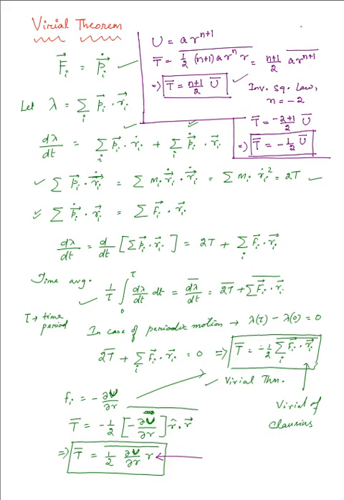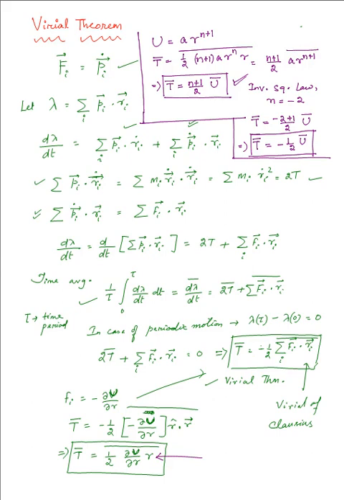And the equation that will help us is the one that I have ticked just now, the right hand side top corner, the boxed term, where we have T bar equal to n plus 1 divided by 2 U bar, and n here being the power term of the radial component or the position vector in case of the forces that are involved.